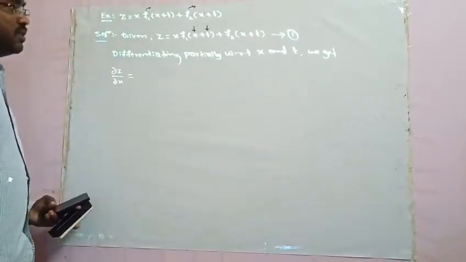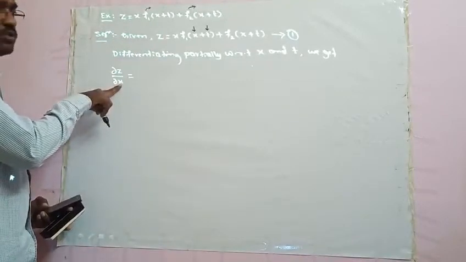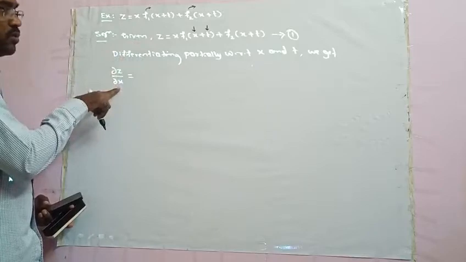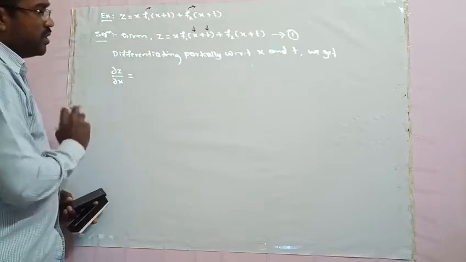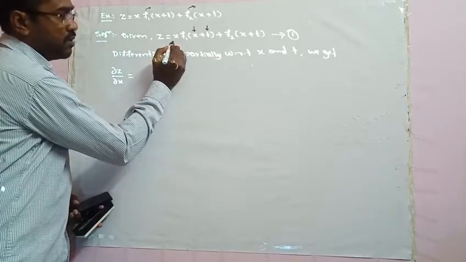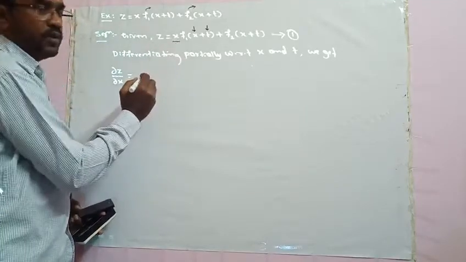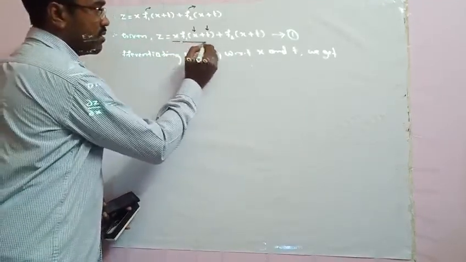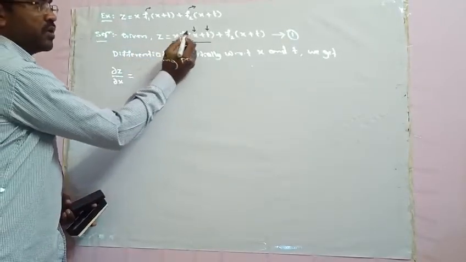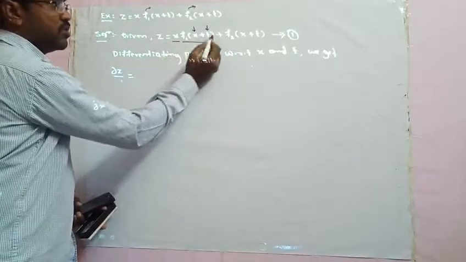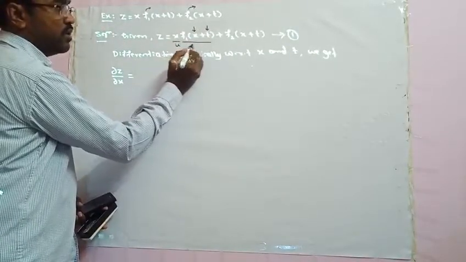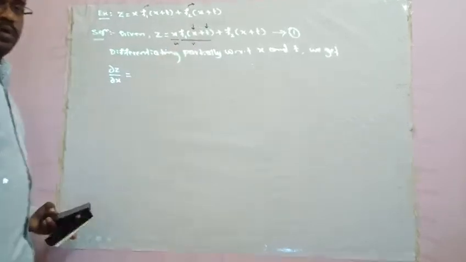Let us differentiate with respect to x first. Dou z by dou x is equal to. When we are differentiating with respect to x, here you can see this is one term of x and this is another term of x, so it is a product of two functions. You can consider them as u and v and apply the product rule.